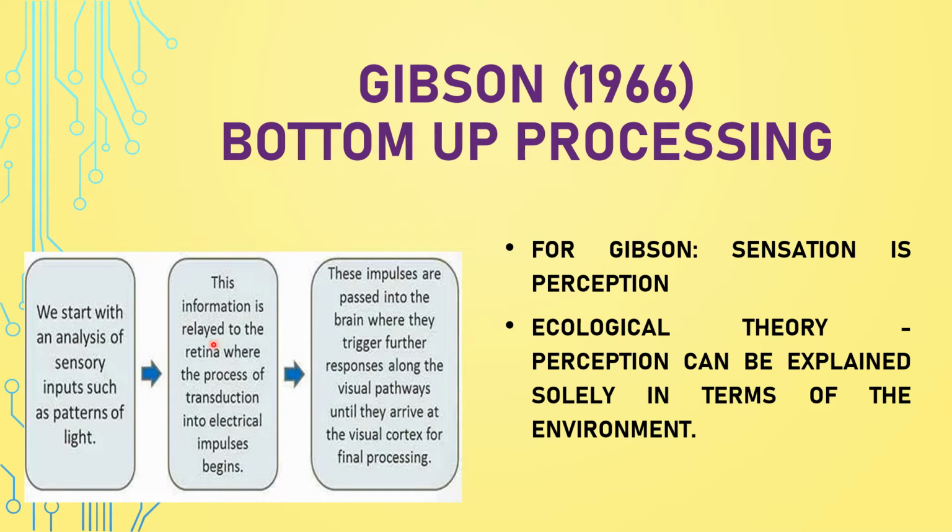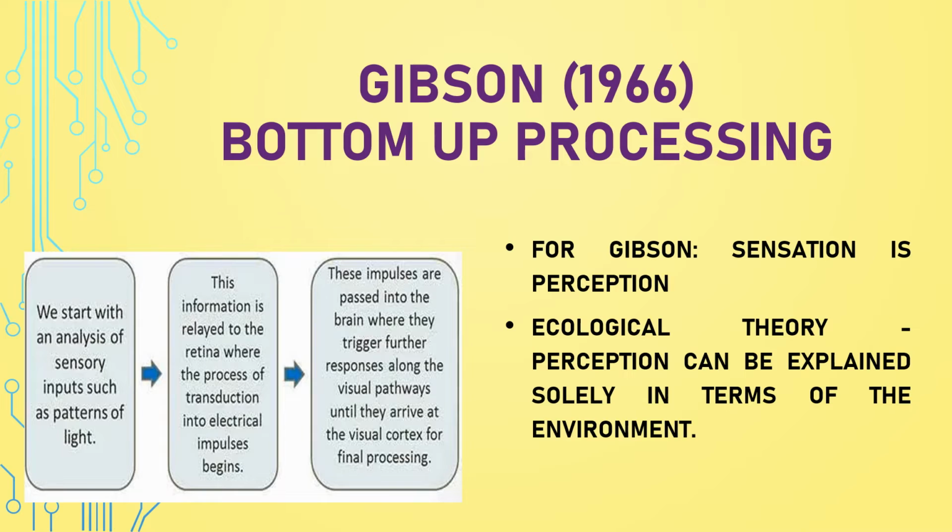So, in the retina, the stimulus is converted into electrical impulses, and then it is passed on to the brain, where they trigger further response along the visual pathways until they arrive at the visual cortex for the final processing. So, the stimulus enters through the sensory organ and it is converted into electrical impulses, and here in the brain, in the visual cortex area, the processing will happen. So simple as it is.